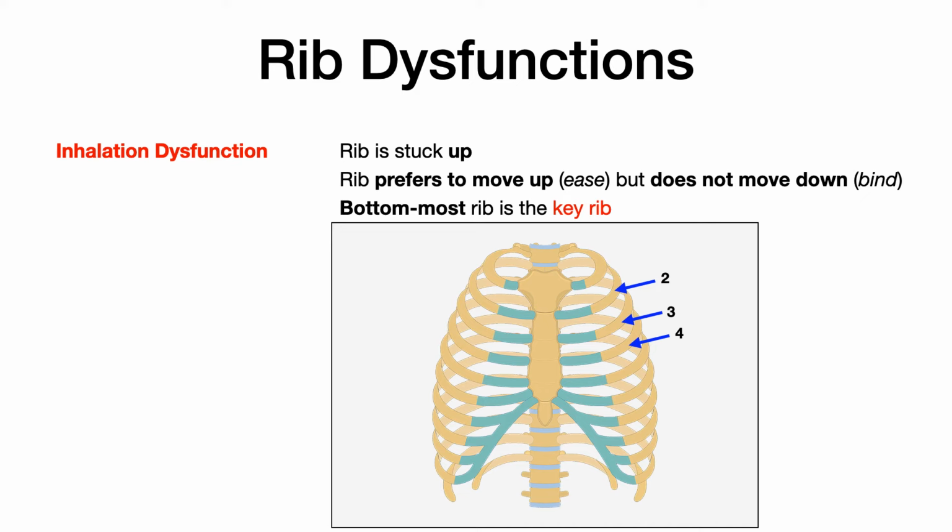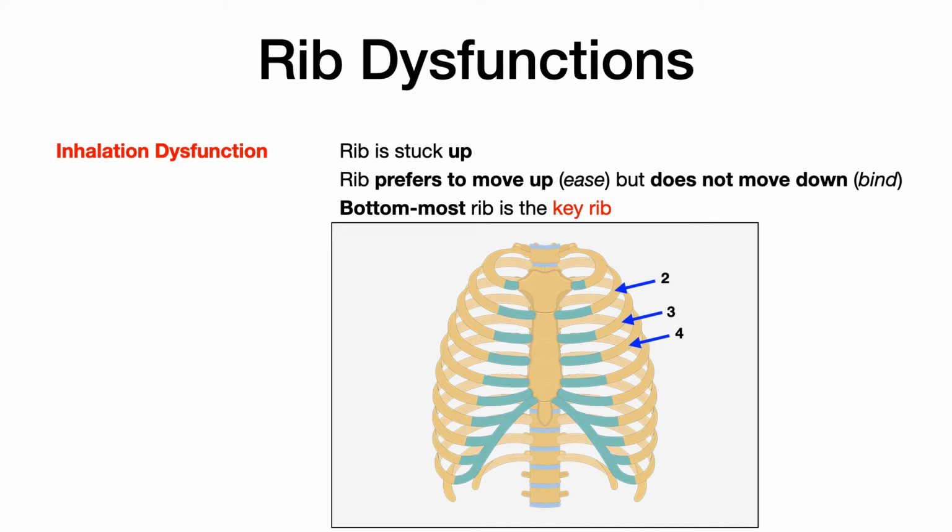The reason that the key rib is always the bottommost rib in an inhalation dysfunction is because if these ribs are stuck up, in order to get them back down, you have to first address key rib number 4. Because think about it, key rib number 4 is blocking ribs 2 and 3 from being able to move back down because all 3 are stuck up.